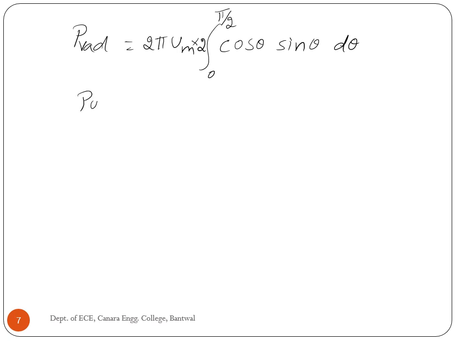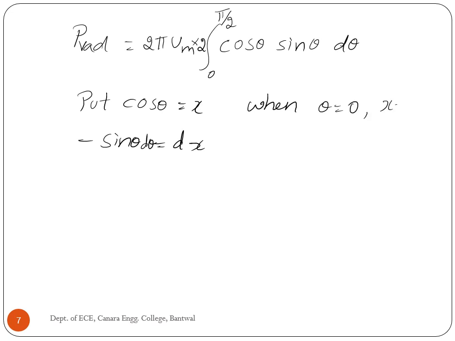Put cos theta equal to x, so minus sin theta d theta equals dx. When theta equals 0, x equals 1, and when theta equals pi by 2, x equals 0.